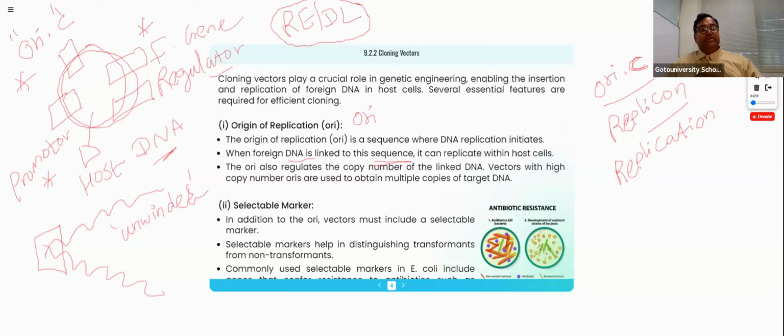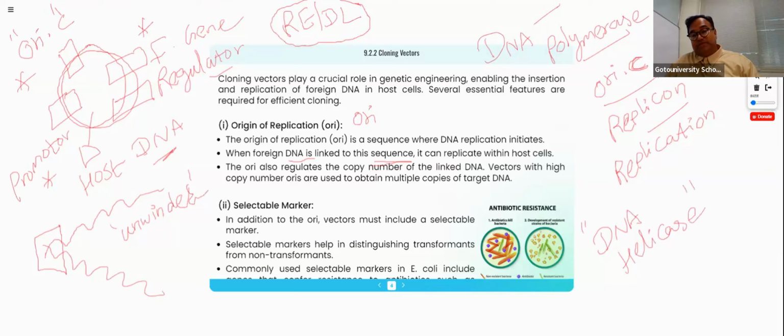So who needs the origin of replication during the DNA synthesis? The DNA polymerase enzyme. We need to understand that DNA polymerase is the enzyme that synthesizes the DNA, not the one that creates the origin of replication, so we should not say that. DNA helicase enzyme is very important for creating the unwound origin of replication before the DNA synthesis process by DNA polymerase.